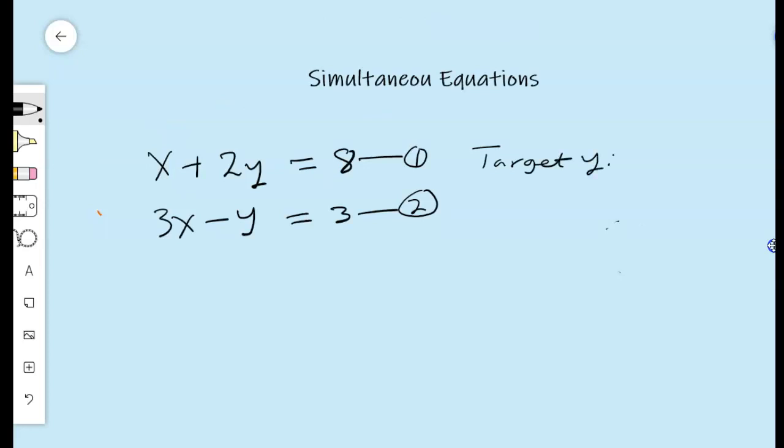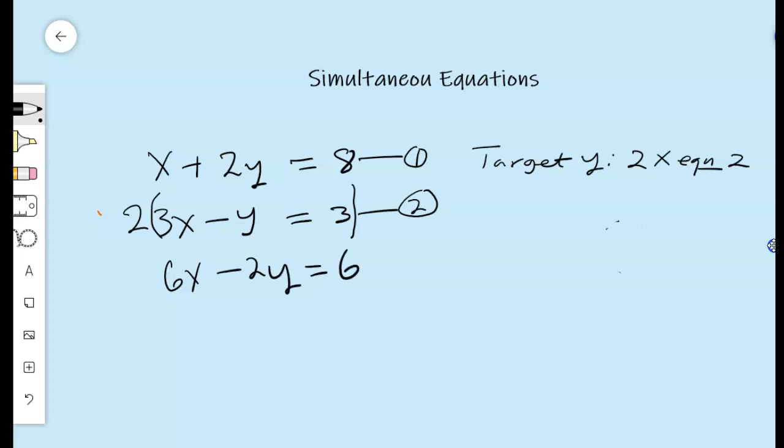To eliminate y, we're going to multiply 2 times equation 2. So we are multiplying this equation by 2. Here will be 6x, and here will be negative 2y, and here will be 6.